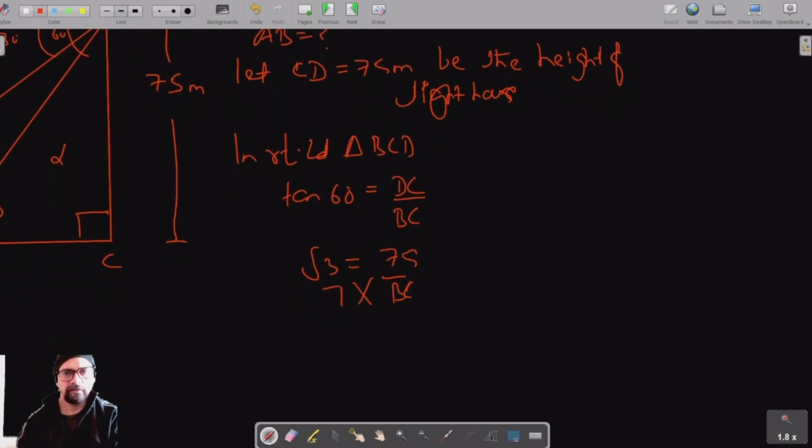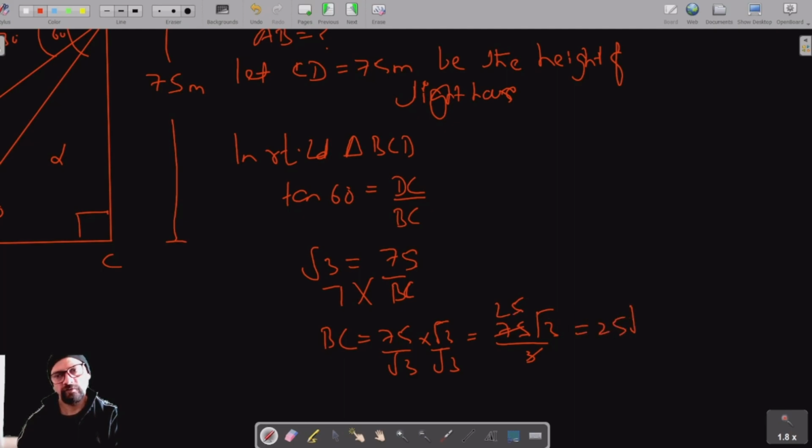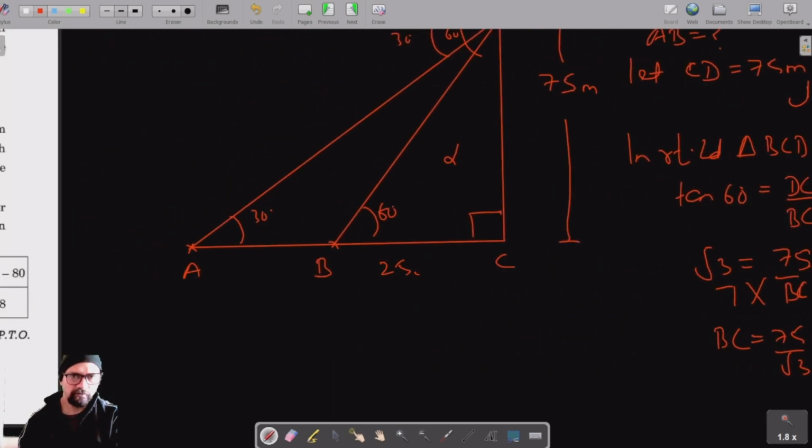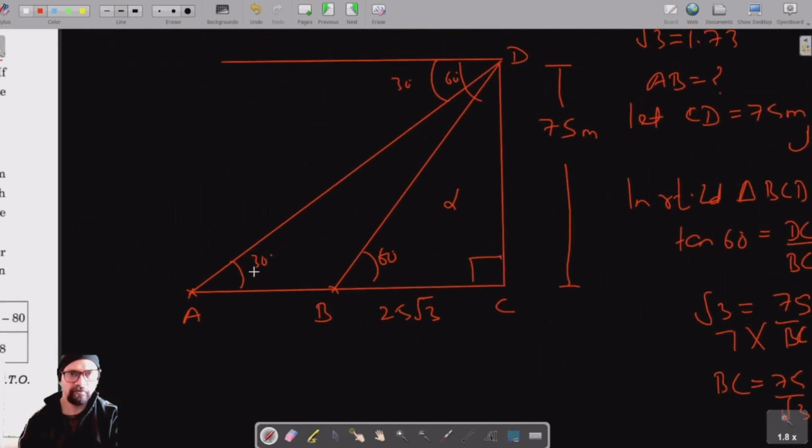If we cross multiply this, BC is equal to 75 by root 3, and rationalizing this with root 3 gives 75 root 3 divided by 3, which is 25 root 3. So BC is 25 root 3, and we have to find the distance of AB.